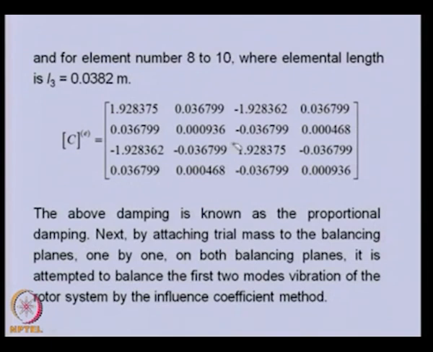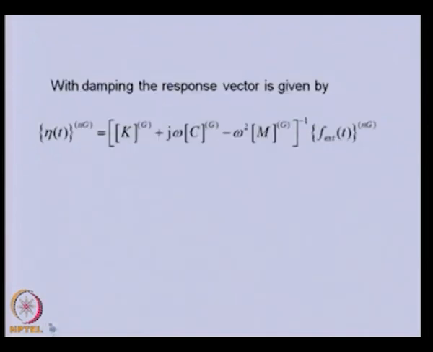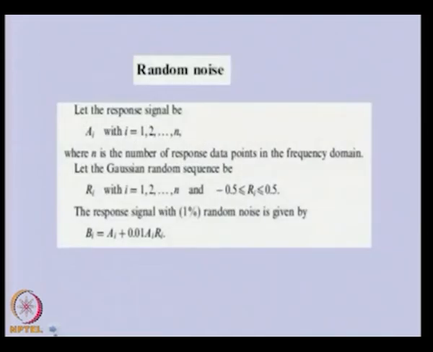These damping matrices we also included in the equation of motion, and the forced vibration response will change like this. This will be the additional term coming because of the damping; the other analysis will remain the same. Now, the response we are simulating from the numerical model will not have any noise, but in an actual test rig, when we take measurements, we will find that there is measurement noise.